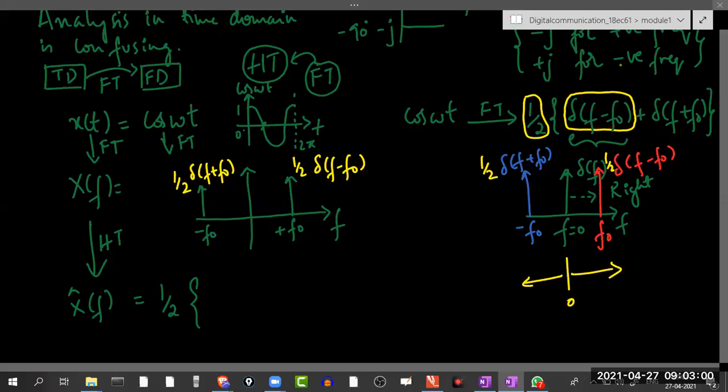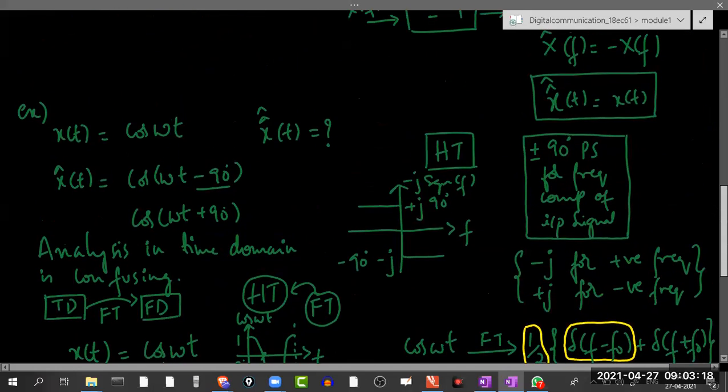So it belongs onto the right, because while making this diagram, delta of f minus f naught, we had written it on the right side. This is a right translated signal. So this is positive frequency, and positive frequencies should be multiplied with what? For positive frequency, it gets multiplied by negative j.